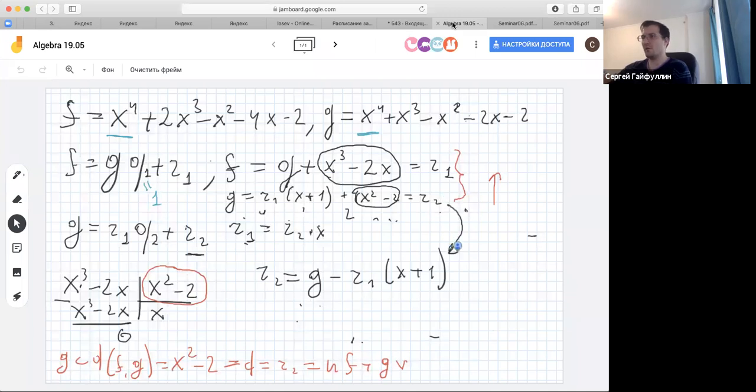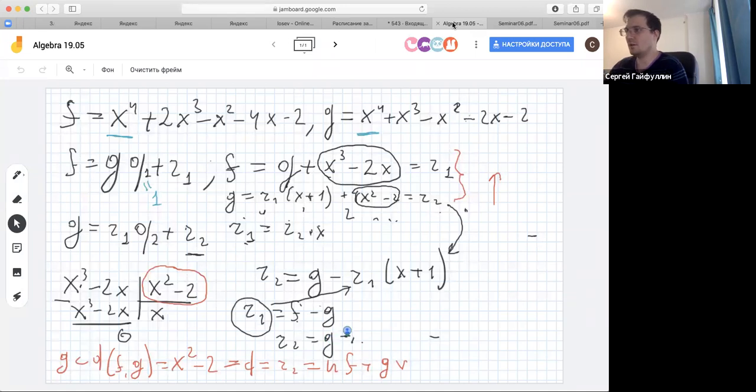And from the first equation, I say that R1 equals F minus G. And then I need to substitute this one here. And I obtain that R2 equals G minus (F minus G) multiplied by X plus 1.